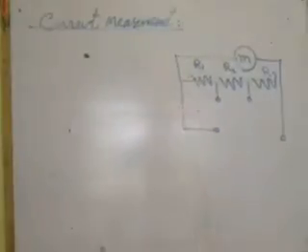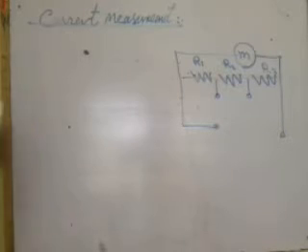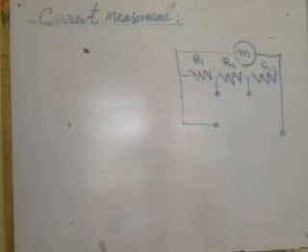Okay. Next, to explain this, for example, we take the current measurement system of this multimeter. For the measurement of the current, the selector switch is turned to X2.